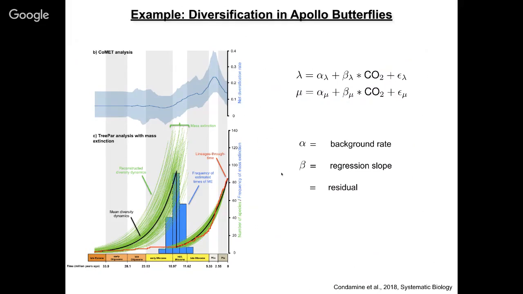You're saying that for every time interval, you have a speciation rate and an extinction rate, and you calculate the speciation rate for that interval by a regression function: your background rate, or the intercept, plus the regression slope times the predictor variable at the time interval, plus an error term.